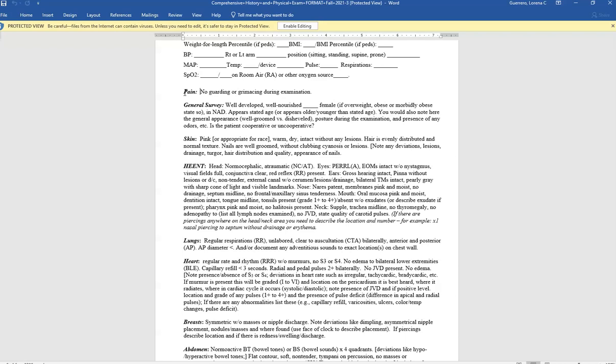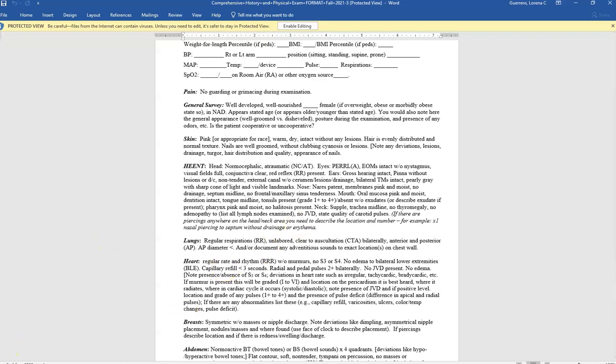Not this, but in particular the within normal limits. This is just for you to see what a physical exam done by a physician, nurse practitioner, or PA may look like, when it's a really thorough head to toe exam.